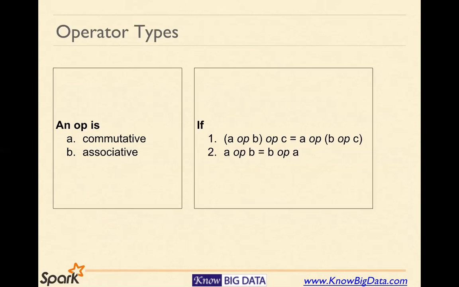Okay, so question to all: which operation is commutative and which operation is associative? So commutative is 1 or 2. If A operation B, who can help me with this? Which one is the commutative definition and which one is the associative definition?